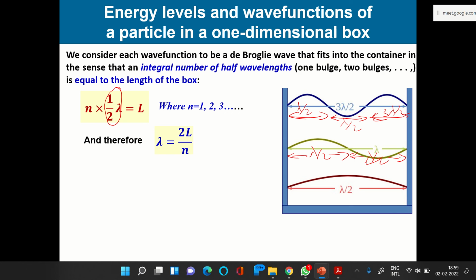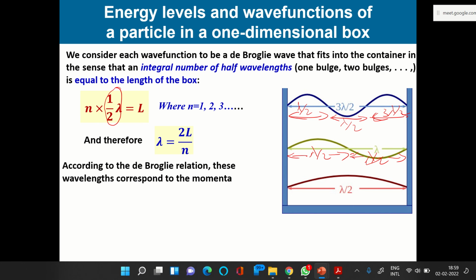So this takes us to this point, that 2L by n, and this L, so you can see that the wavelength cannot vary in an arbitrary manner. It cannot have any arbitrary value. It is not continuous. So lambda can change only in multiples of 2L by n, where n is 1, 2, 3.